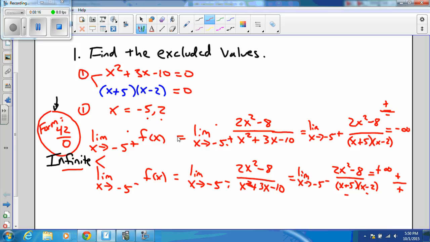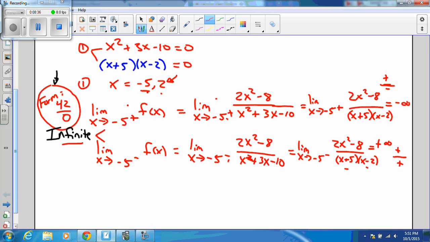This was the hardest analysis on the entire quiz because we had to be careful about it. And honestly, it was a lot easier to do the analysis starting with 2. The only reason I did -5 first was because I wrote it first here, but I prefer to find my holes first if I can.